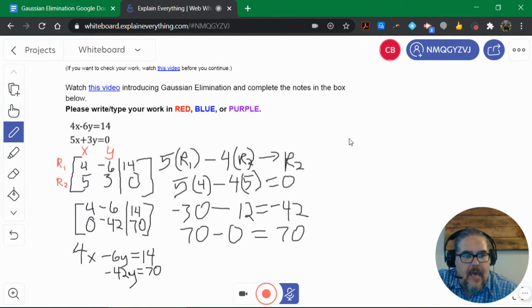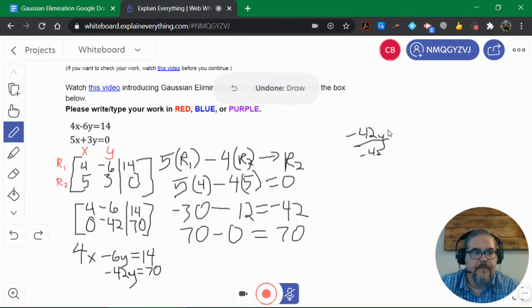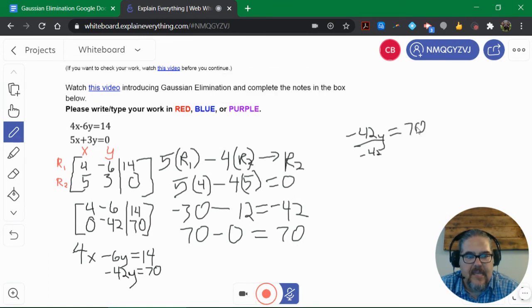So negative 42y divided by negative 42 equals, let me undo that real quick. So this was negative 42y equals 70. If we divide both sides by negative 42, we're going to get y equals 70 over negative 42.